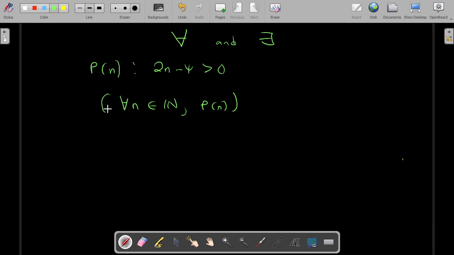It is only true when all values of n taken from the set of natural numbers, in this case, satisfy this proposition.